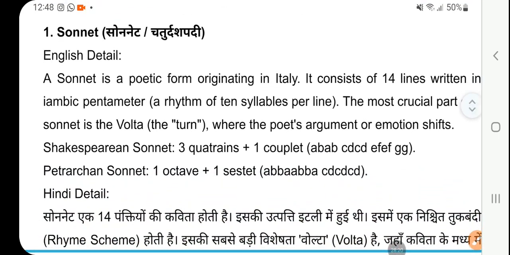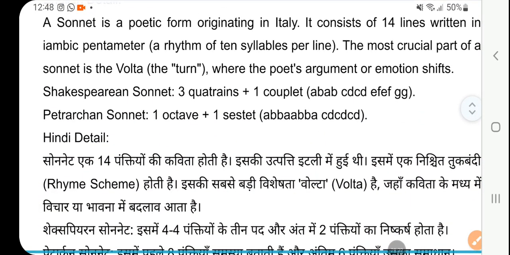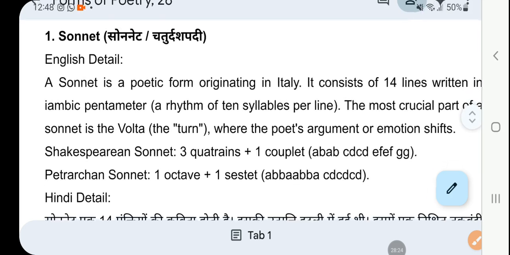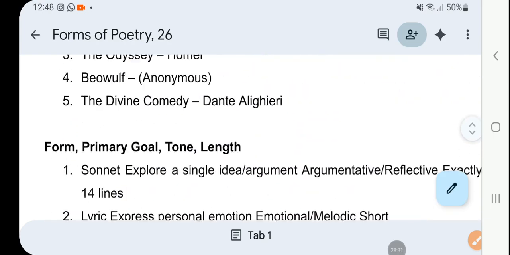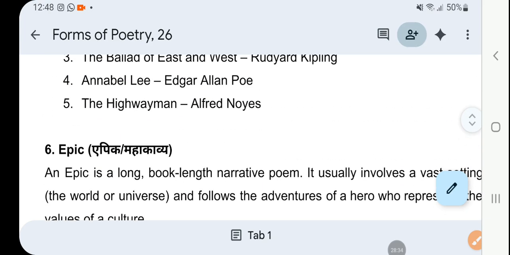This is the next part I'm going to cover in the next video, where I'm going to explain sonnet and other forms in Hindi and English. So here we have seen six forms of poetry.